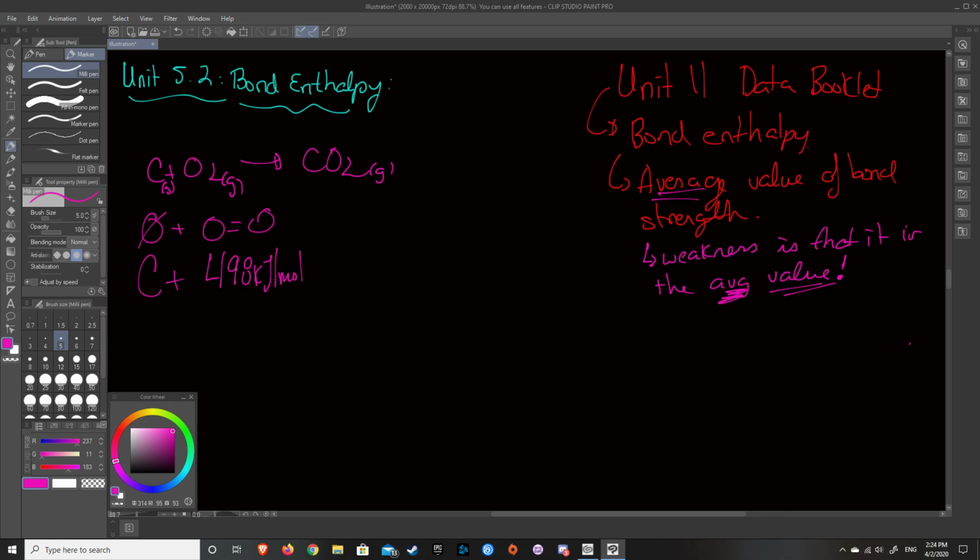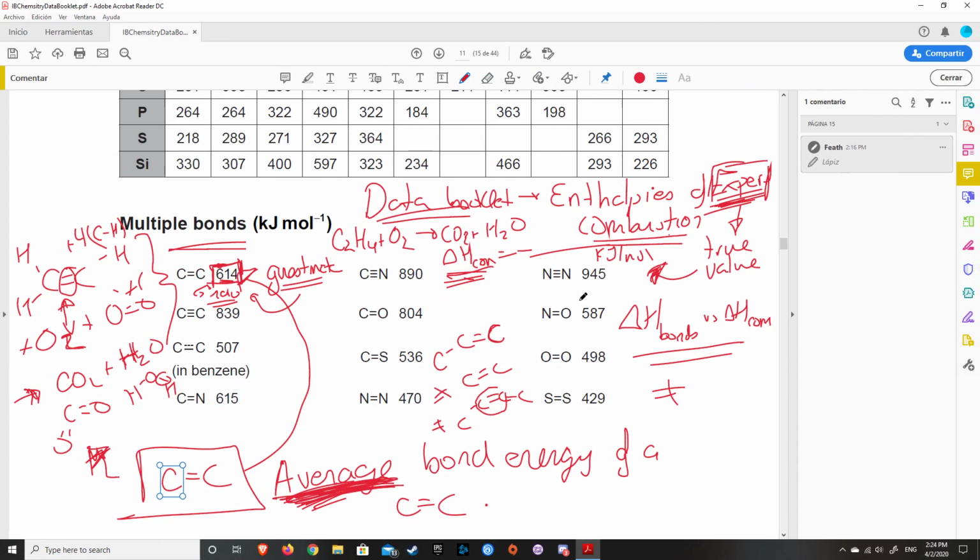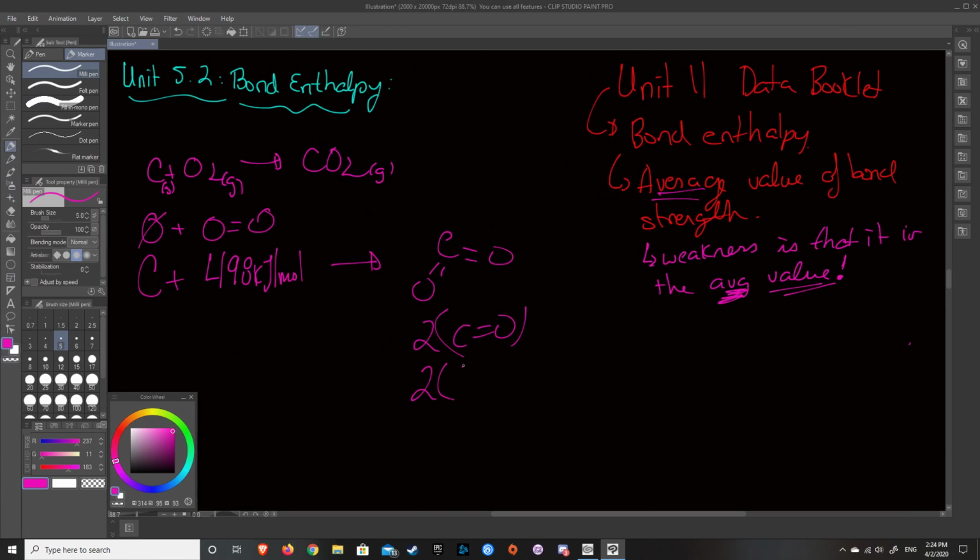Carbon. And then we're going to react to form CO2, which is 2 carbon-oxygen double bonds, which is 2 times 804. So let's try to logic our way through this.